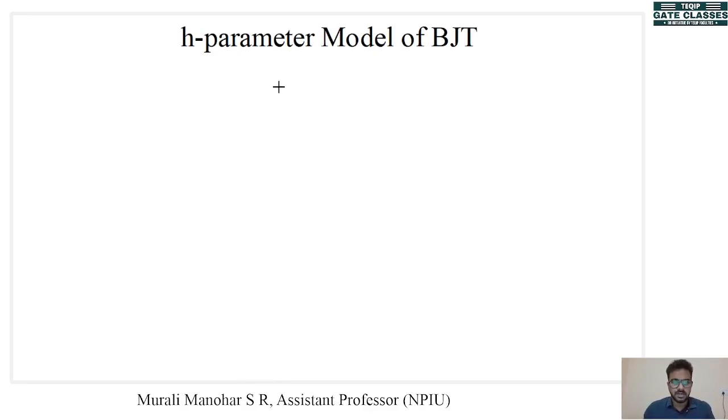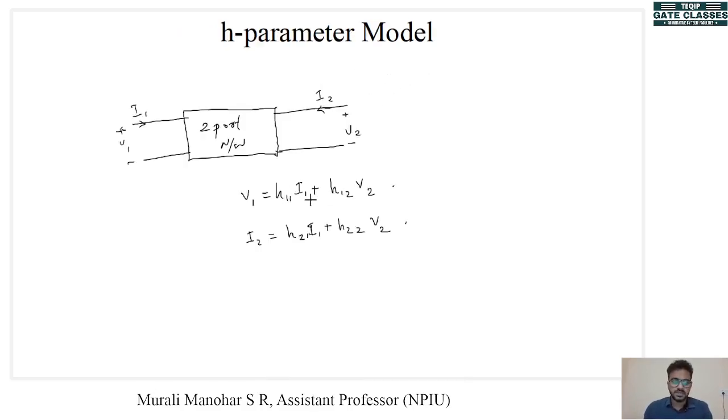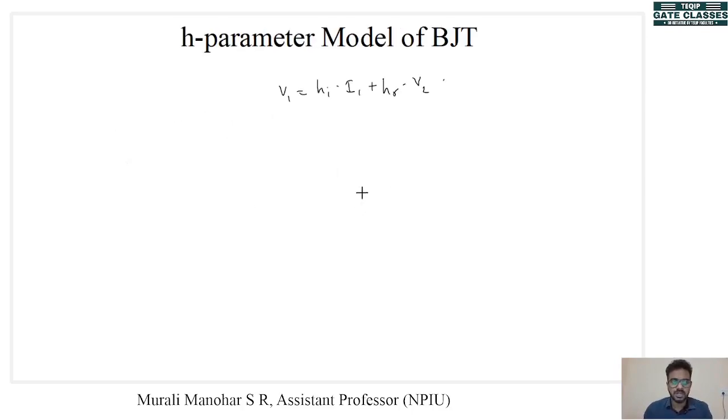V1 is given by HI into I1 plus HR into V2. Instead of H11 and H12, we have HI and HR. That's the only difference, the difference in notation. Then I2 is given by HF into I1 plus HO into V2. So these are the parameters.